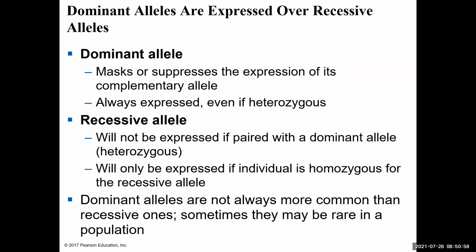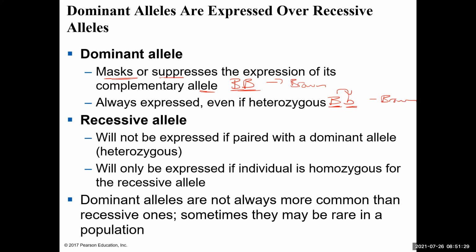So the dominant allele is suppressing or masking the complementary allele, which is generally the recessive allele. And so if you have two dominant alleles, so if it's homozygous dominant like this, then it will be the dominant trait, which in our example is brown hair. And even if you have the heterozygous form, so dominant with the recessive, because it masks that recessive trait, you still get brown hair.